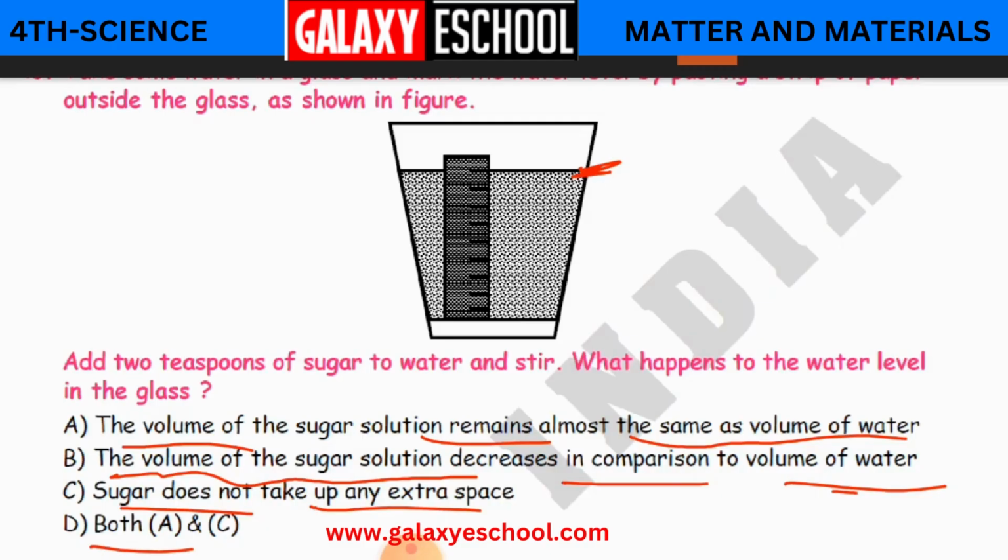Why? Because sugar does not take any extra space, like ice cubes, which were taking some extra space. Here sugar does not. Another thing is the volume of the sugar solution remains almost the same as the volume of water, so there won't be any change in the water level here. Clear? So both A and C are the answers.